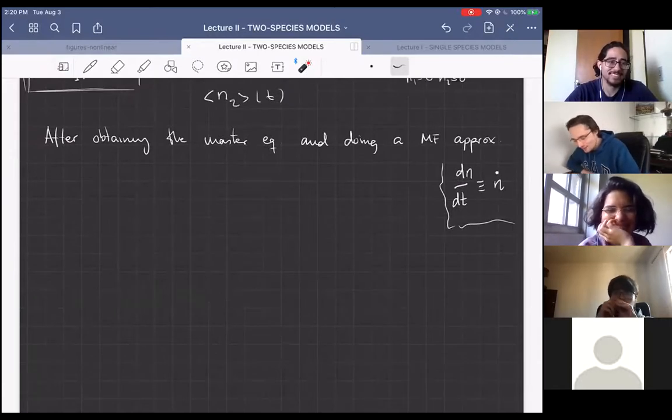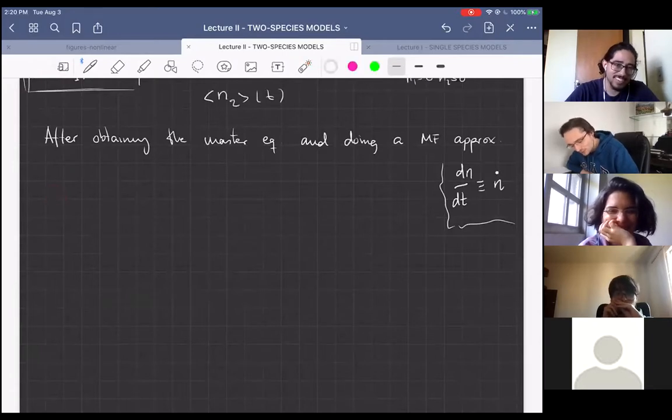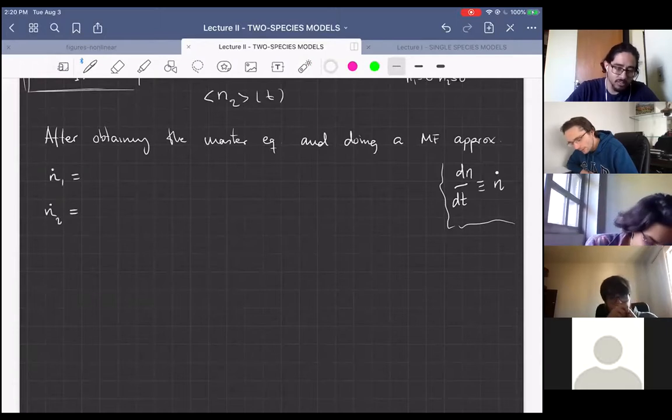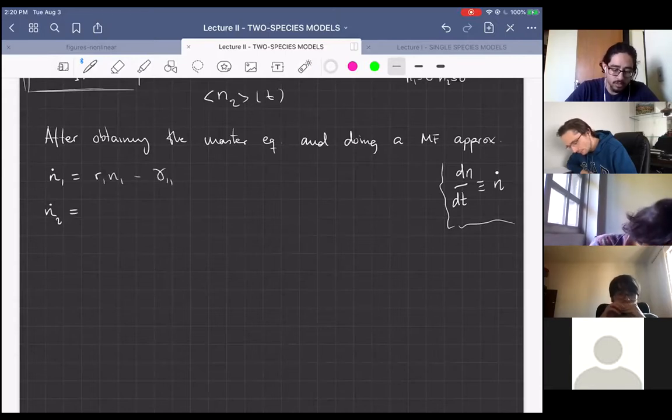Anyway, after doing this and moving to this notation, what I get again is an ODE for N1 and an ODE for N2. If you do all the calculations, all the math, you will get to something like this, and I'm going to explain my notation a little bit.